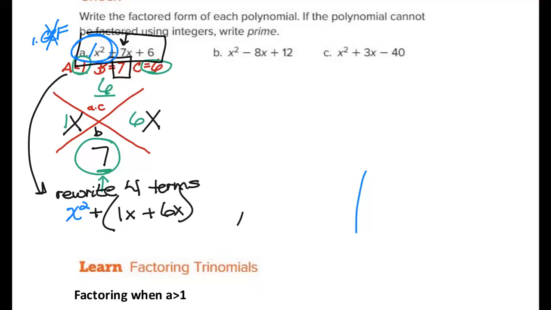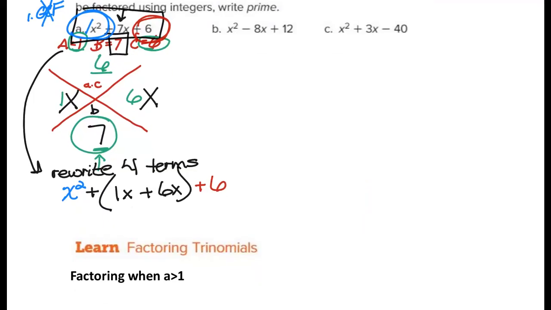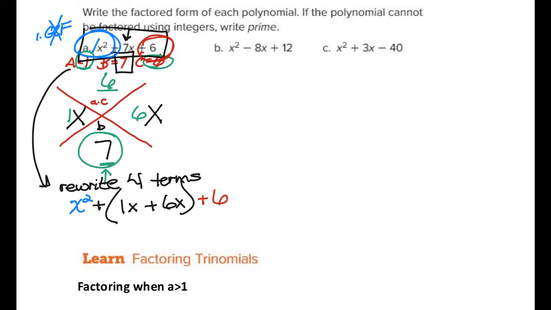And then the last term is going to stay the same as 6. Okay? So the first term stays the same, the last term stays the same, the middle term changes to the addition of these 2 terms that you have in the middle.